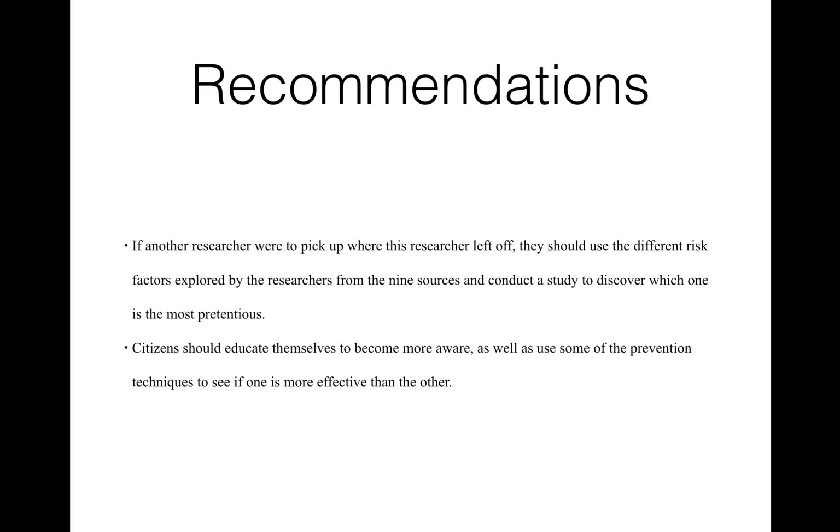Now, my recommendation for future researchers who would pick up where I left off is that they should use all those different risk factors that have been explored by previous researchers from the 9 sources I used in my paper to conduct a study and discover which one is the most prevalent. And for citizens, I think they should really educate themselves to become more aware, as well as use some of the prevention techniques to see if one is more effective than the other.